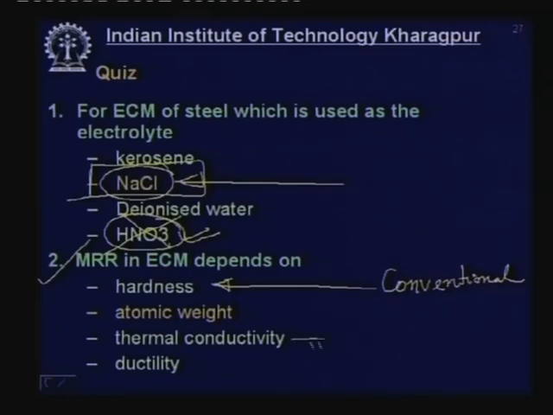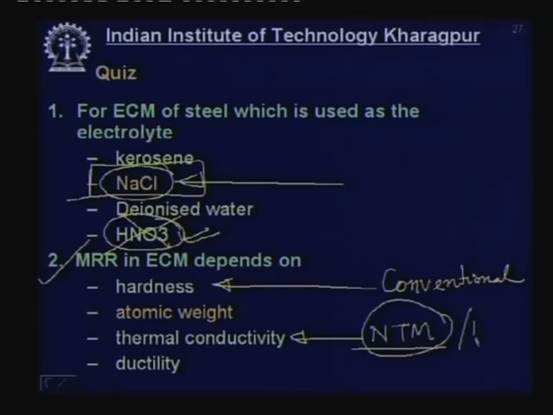The third option given is thermal conductivity. Thermal conductivity quite often is important in non-traditional machining processes. We need not throw it away, but only if the basic process is thermal in nature does thermal conductivity come into the picture. Otherwise, thermal conductivity does not have any role. For example, in laser machining, thermal conductivity will play a role.